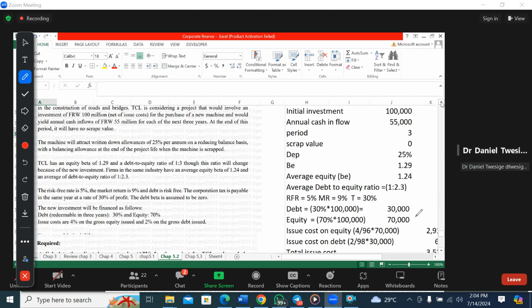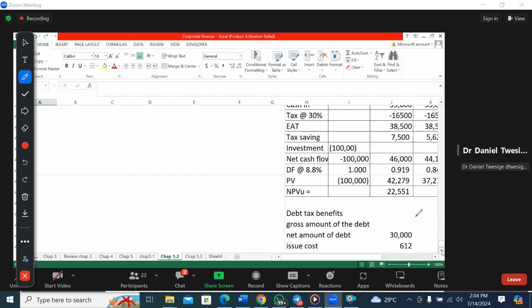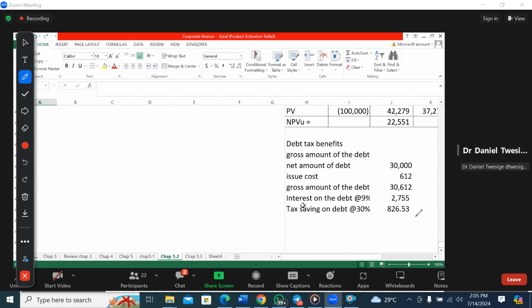So what is the interest on the debt? It will be the risk-free rate. The risk-free rate will be the interest on the debt. So this is 5%.